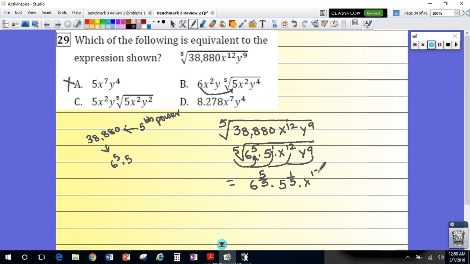This is x to the exponent 12 over 5 and y to the exponent 9 over 5. So 5 over 5 means that is 6. And what else you can bring it out? This one I can write as x to the square, because 12 divided by 5, I can write as 2 over 5, right? So 2 and 2 over 5.